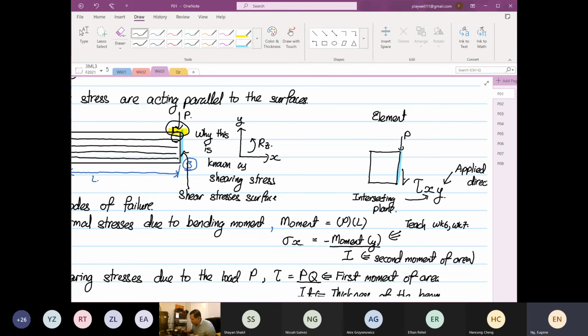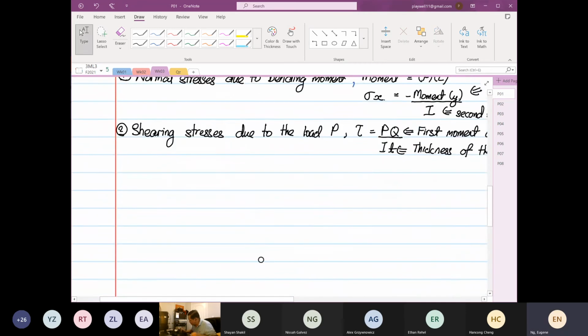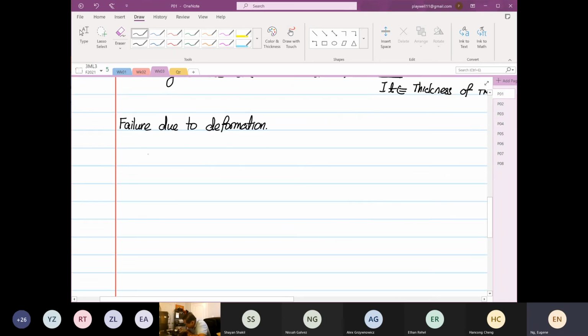So let's look at the failure due to deformation. I'm going to draw how this structure will deform.